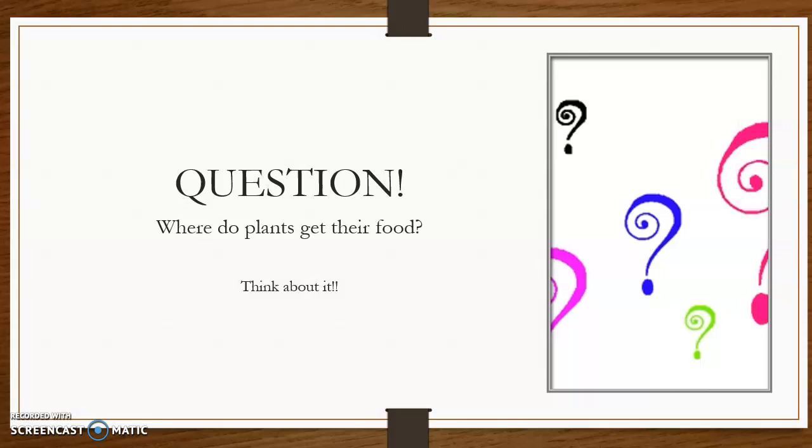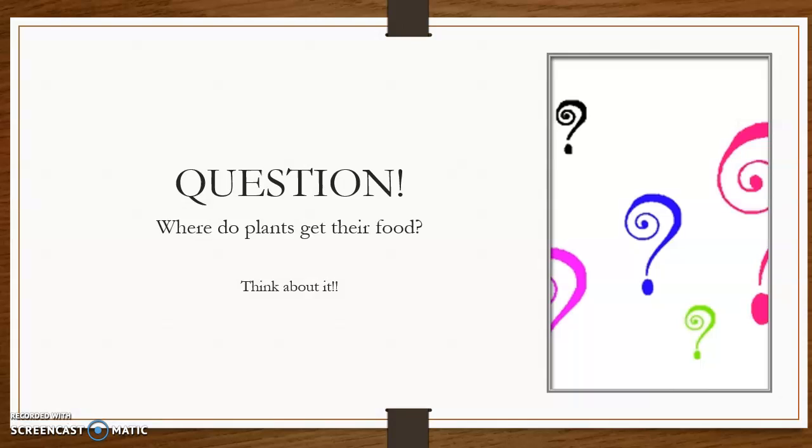So as we should already know, plants are getting their food from the sun, soil. They're producing their own food, right? So think about the impact that it would have if all the plants were taken out.